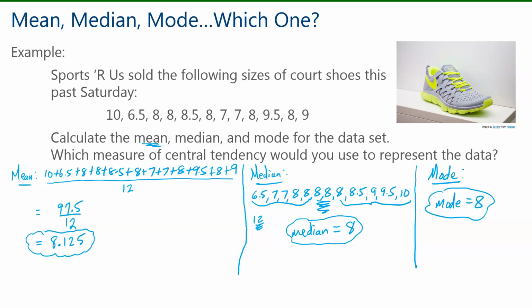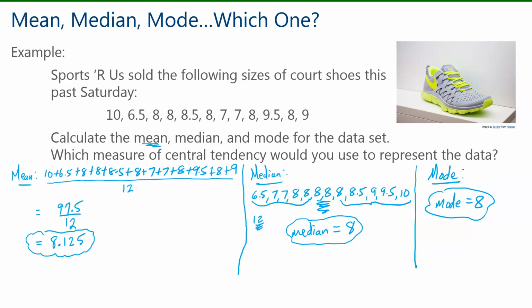Now to choose which measure of central tendency we're going to use to represent the data. If we recall our chart from the previous video containing the guidelines, it was mentioned that mode is often used with shoe sizes or clothing sizes. Here then, we will use the mode value, but we do notice that the median has the exact same value as the mode.